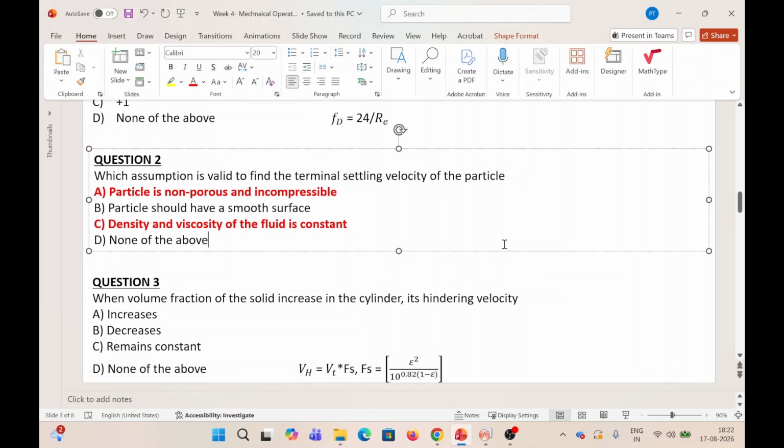If you multiply this FS factor times VT, you will get VH, that is the hindered settling velocity. Epsilon is the volume fraction of the solid inside the cylinder.